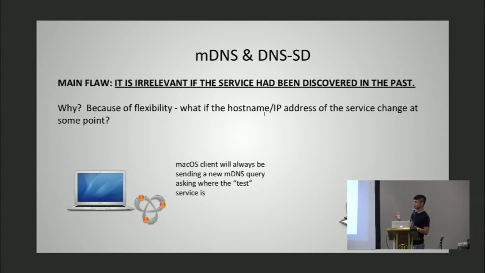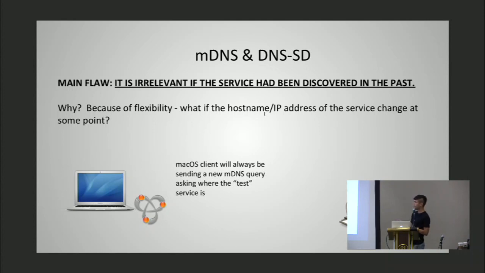The mDNS and DNS-SD protocols are designed in such a way that every time we want to communicate with them, we ask them again, are you still there, or do you still have this? Do you still have on the network this service under this particular host name and port and URL?